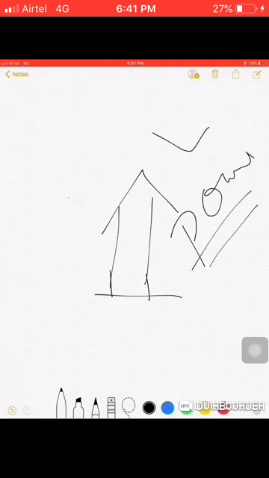Now let me give you an example through a question. So here are two balls, and these two balls are moving. This ball, as you can see, at 5 meters per second, whereas this ball at 7 meters per second.